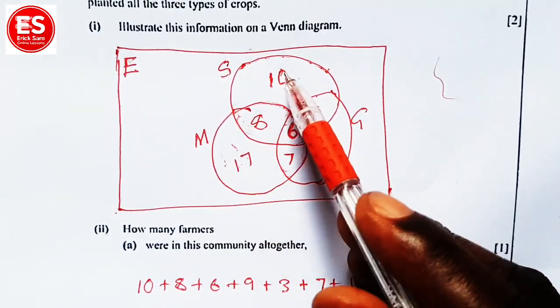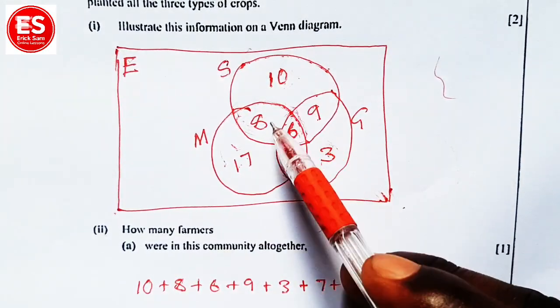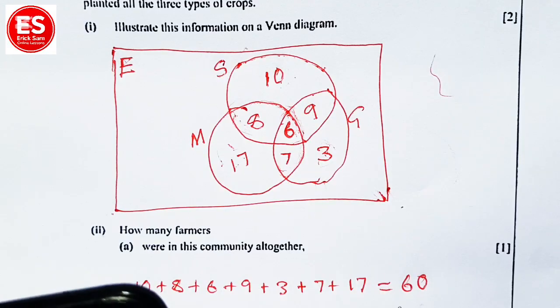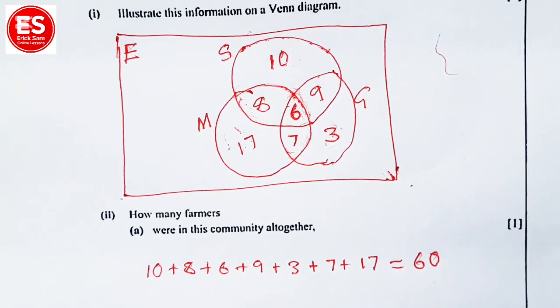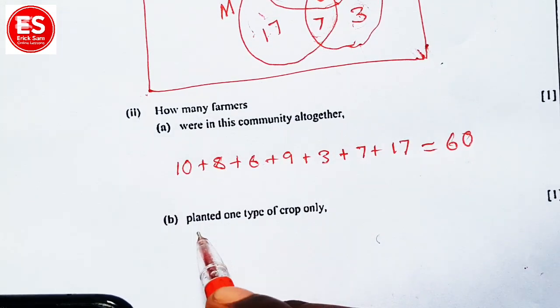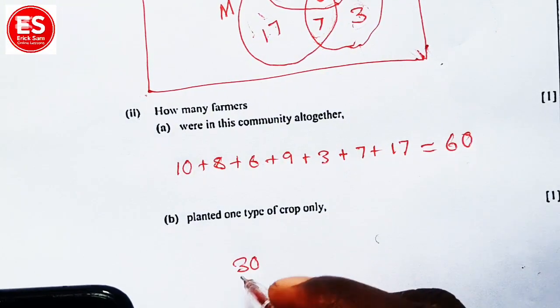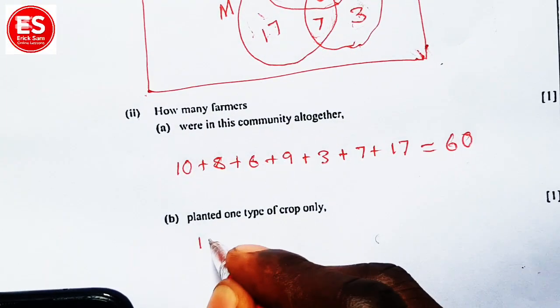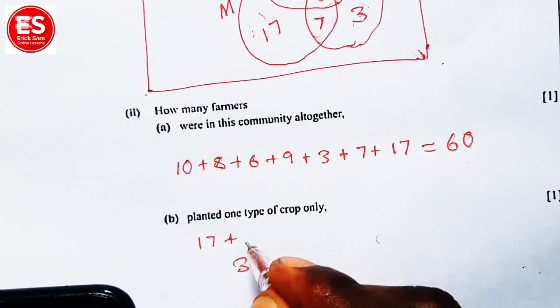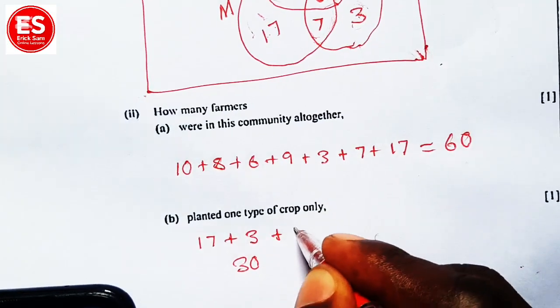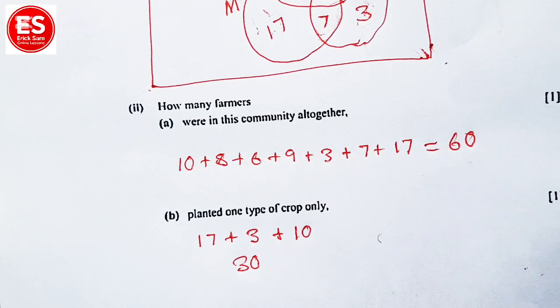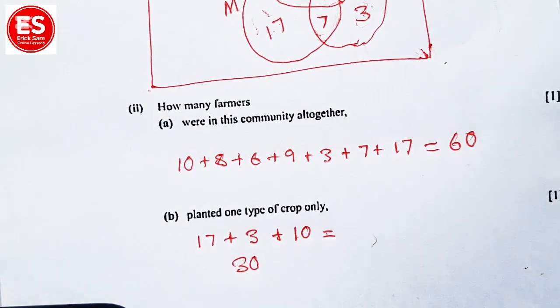So you add 3, 10 and 17. When you add 17 plus 3, 20 plus 10, you have 30. So farmers that planted one type of crop are 30. If you can show this, you're going to say 17 plus 3 plus 10 is equal to 30.